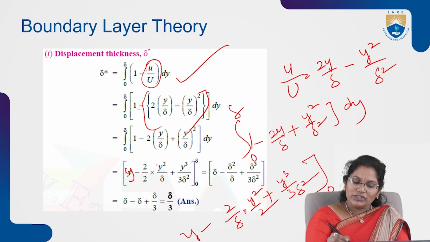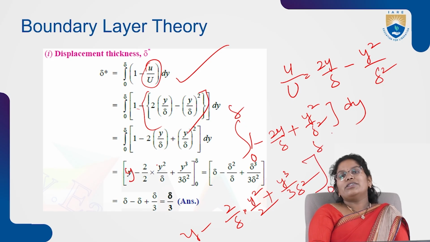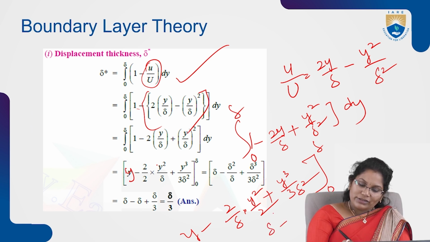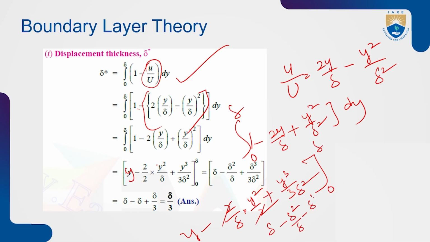Limits are 0 to delta. Substituting y, we get delta minus 2 delta square by 2 delta plus delta cube by 3 delta square. This is what you will get.